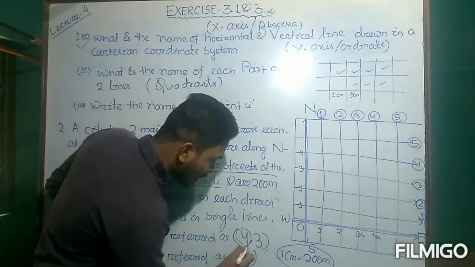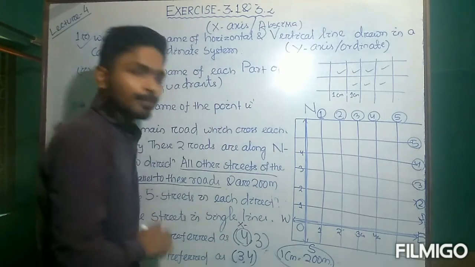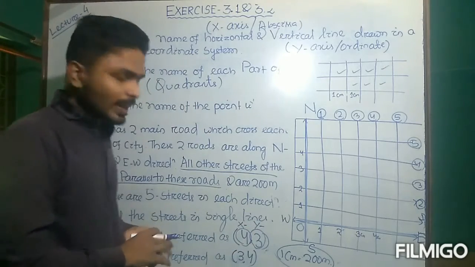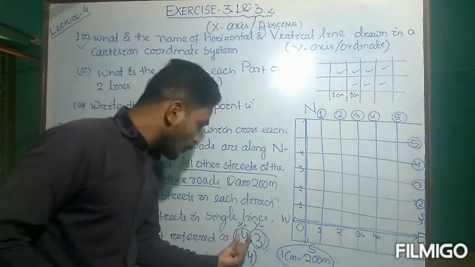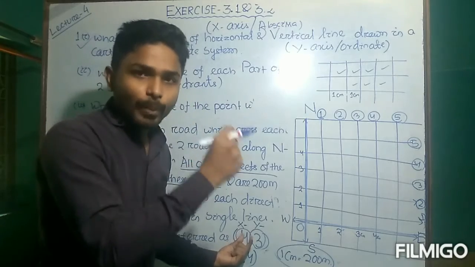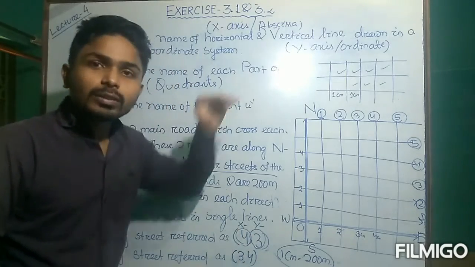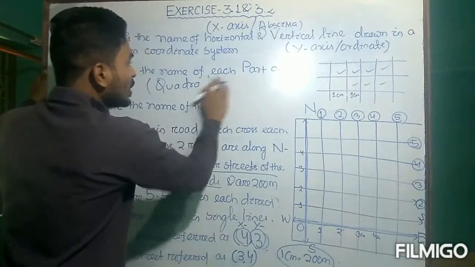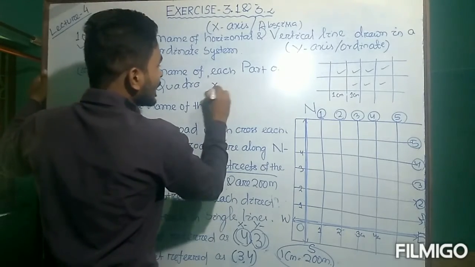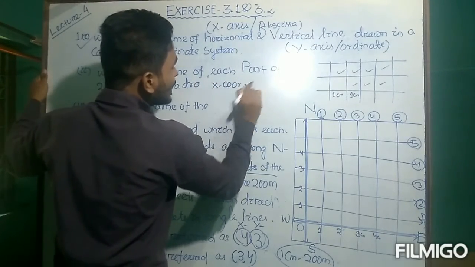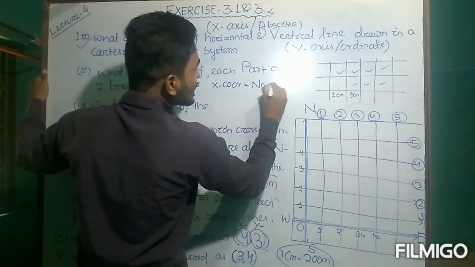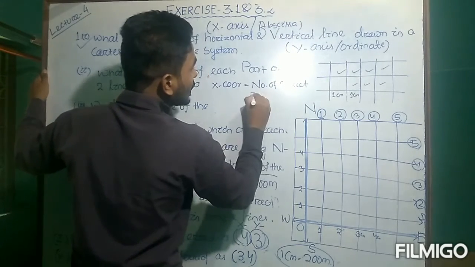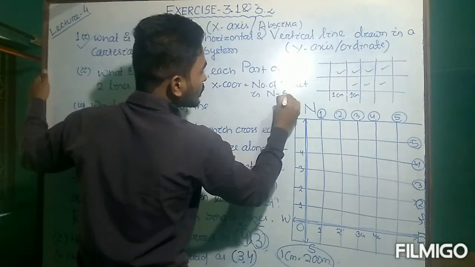4 means what? 4 is the x coordinate. And 3 means what? 3 is the y coordinate. It means 4 represents the number of streets in the north-south direction. I am writing this. It is also given in the question that the x coordinate means the number of street in the north-south direction.